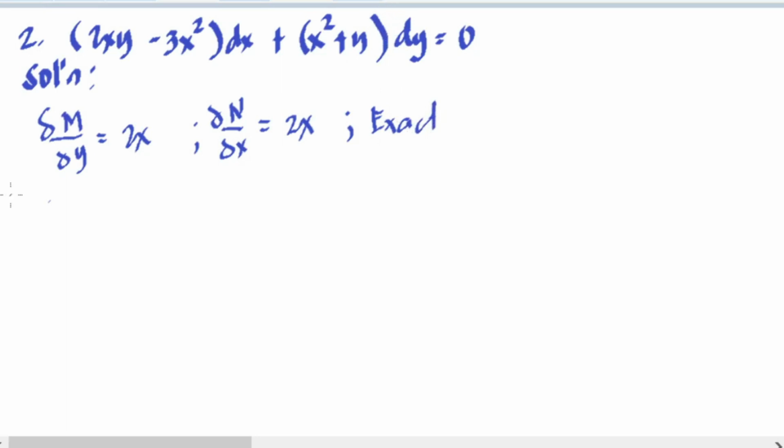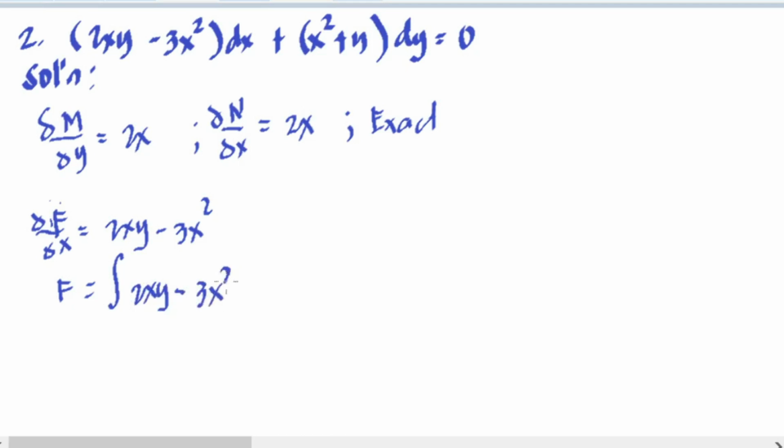So let's proceed. Now, we have the partial derivative of f with respect to x is equal to m, and that is 2xy minus 3x squared. So if we take the integral of this one, that is 2xy minus 3x squared.